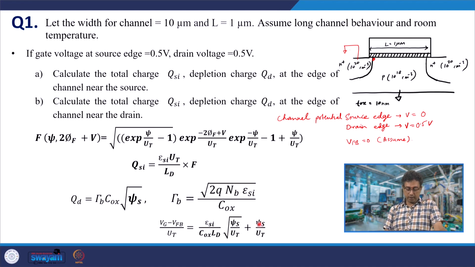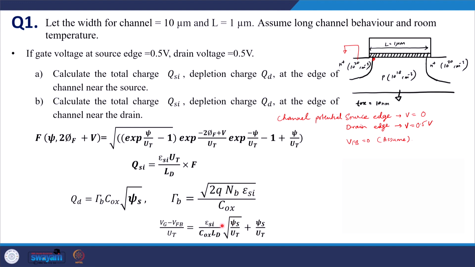This is the surface potential plus the increase in electric field because of the silicon charge, which, in near threshold and subthreshold operation, is mostly the depletion charge. Relatively, the inversion charge is smaller. So, that is the expression you use, and from this you calculate the F function, and from this you calculate chi s.